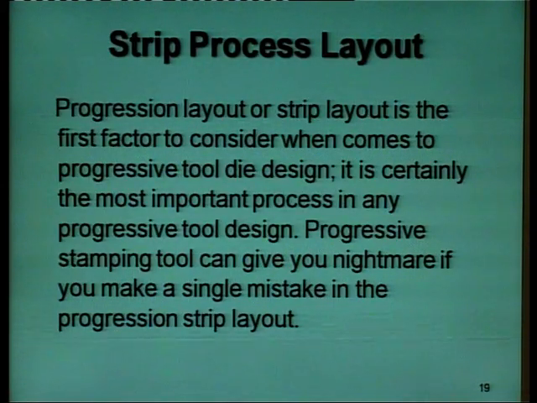Because this progressive stamping tool can give you nightmares, meaning it can bring adverse effects if you make a single mistake in the strip layout. Naturally, if the strip layout is not as per the design, then the material wastage can be very high, which can result in high material cost, and naturally losses will be there.